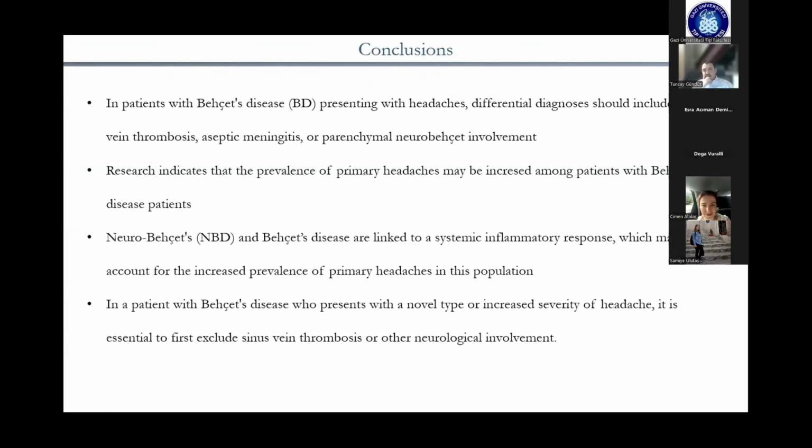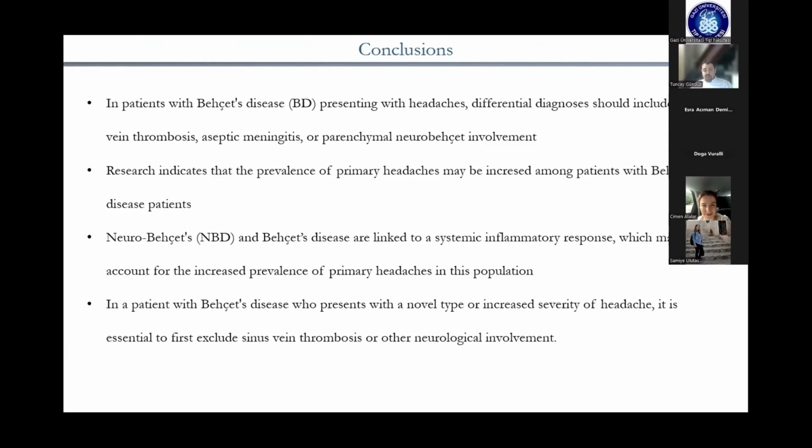And in conclusion, in patients with Behçet's disease presenting with headaches, differential diagnosis should include sinus vein thrombosis, aseptic meningitis, or parenchymal neuro-Behçet involvement. Current research indicates that the prevalence of primary headaches may be increased among Behçet's disease patients.